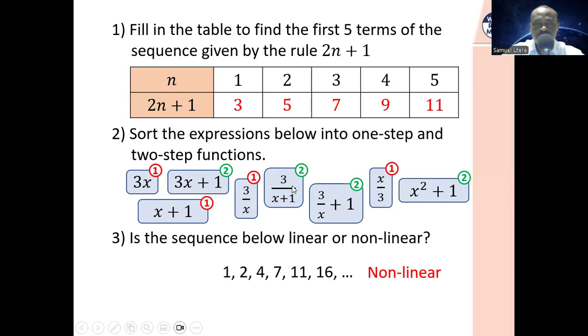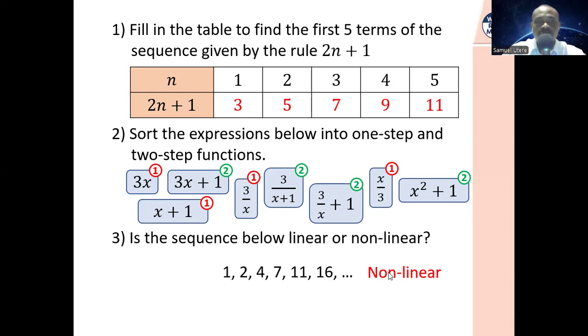Look at this one. First you add 1 to whatever x is before you divide 3 by whatever you get. Here you're doing 2 operations again. You divide 3 by whatever x is. That's one operation, and then you add. So it's really important you note that.